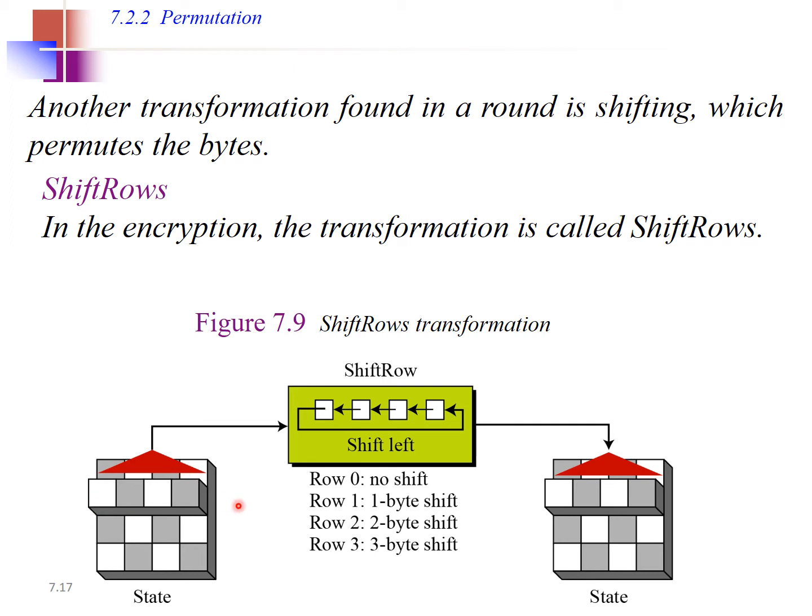Row 1 has a 1-byte left circular shift. Here you can see this byte will be moved to the end, like that. If it is row 2, a 2-byte left circular shift; if it is row 3, a 3-byte left circular shift.